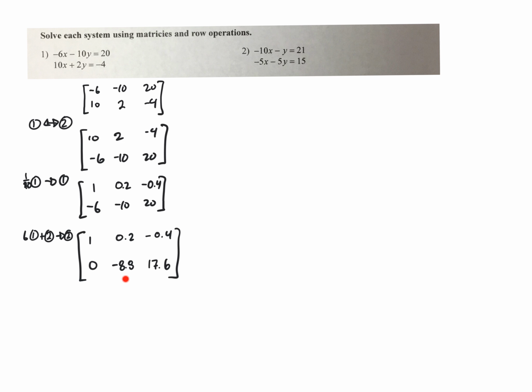Okay, so now my next objective is to get this to be a 1. Yes? So then I am going to say the second row, -1 over 8.8 times the second row, replace the second row.